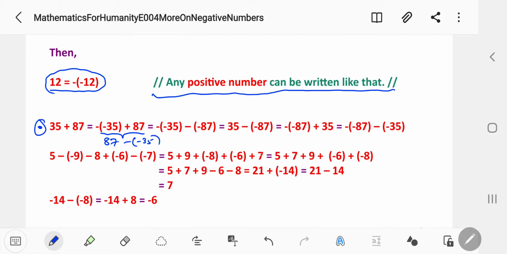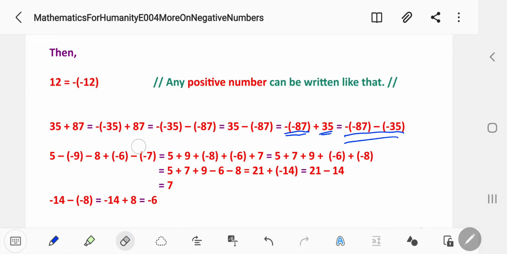So you can write 87 as negative of negative 87, and then of course this one is also plus 35. This one is also the same. So you're beginning to let the rules sink in your brain.